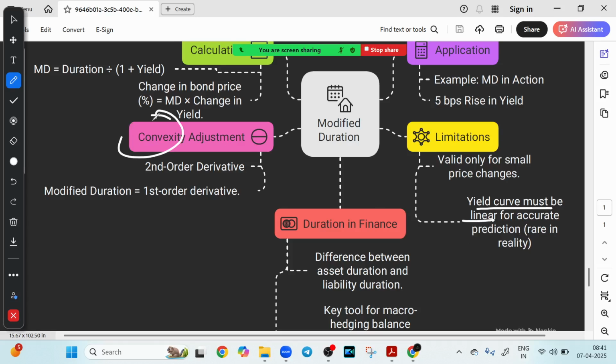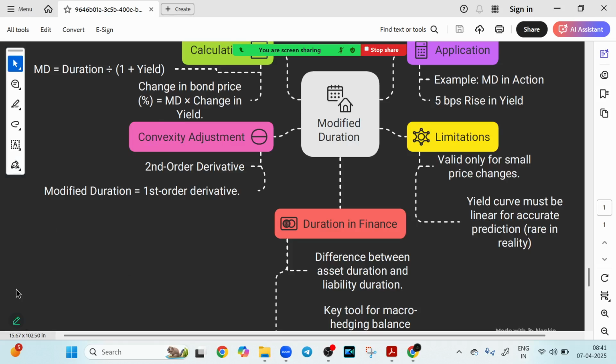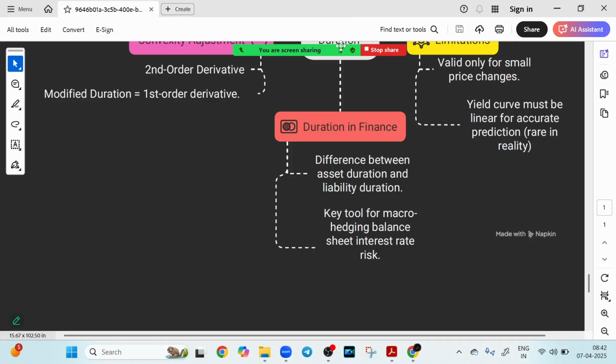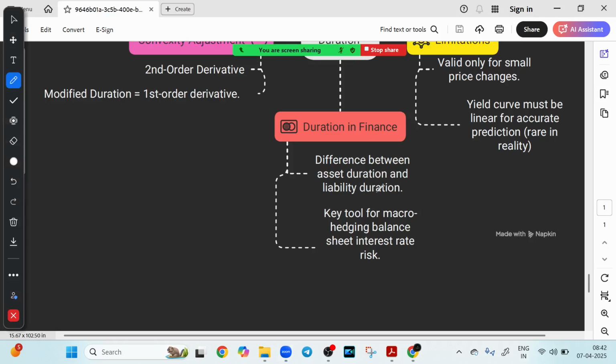Convexity is also required. And if you look at duration in finance, this is where modified duration truly shines. It helps banks and financial institutions manage the difference between asset and liability duration. Through this tool, modified duration, a financial institution can manage the asset duration and liability duration difference, right?